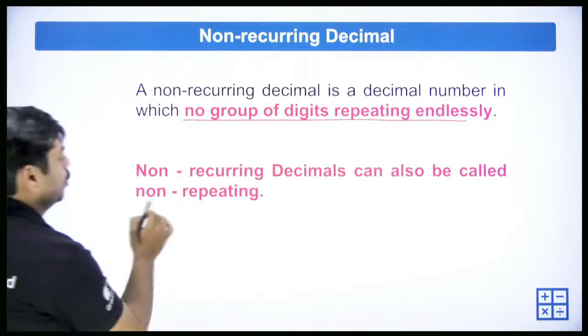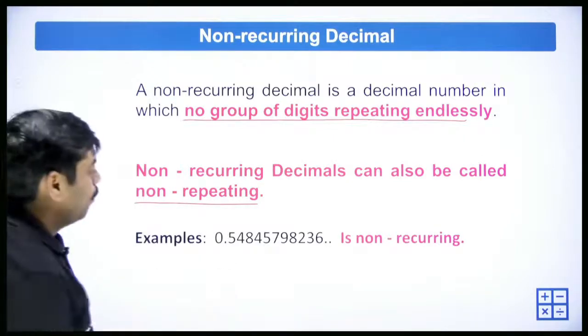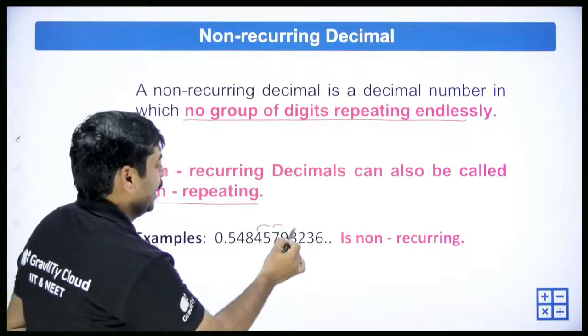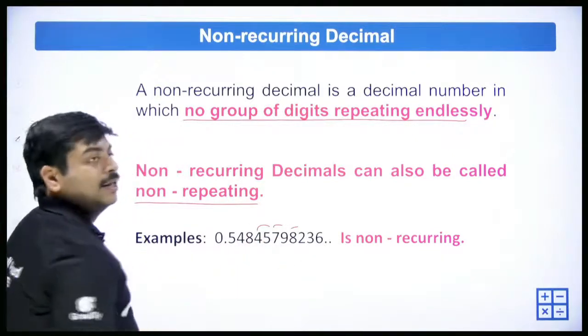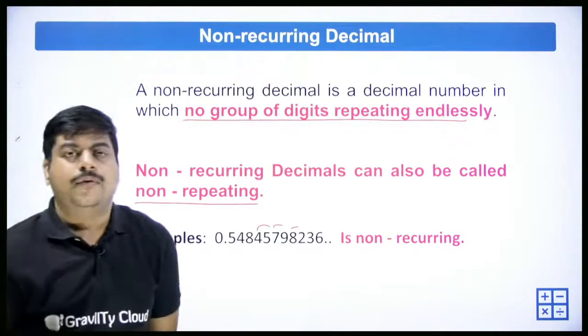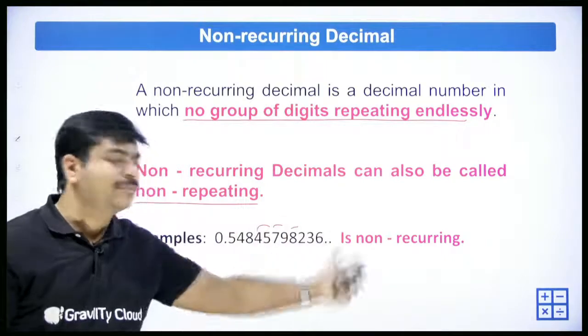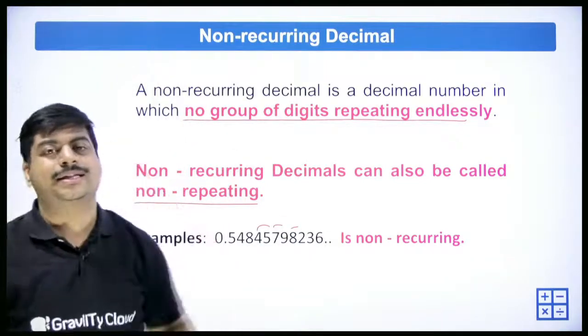Non-recurring decimal numbers can also be called non-repeating numbers. You can see here 0.548 4579982366, some 484579. There is no pattern. We cannot write this as a recurring decimal. So these types of numbers are called non-recurring decimals.